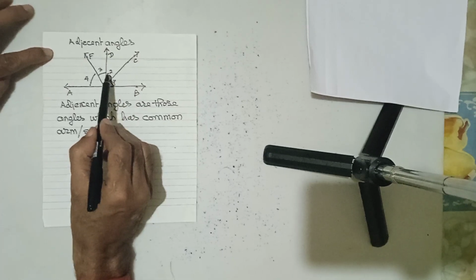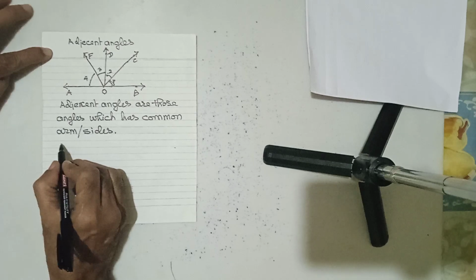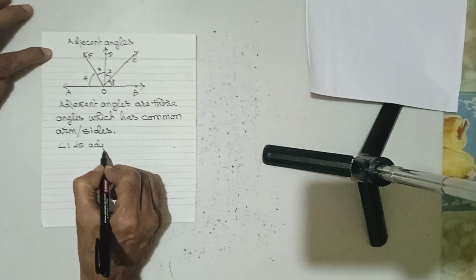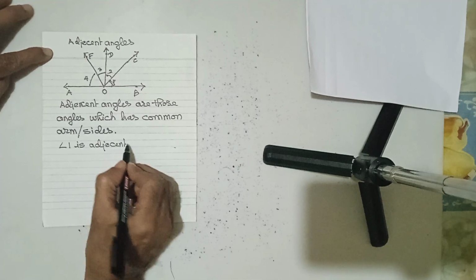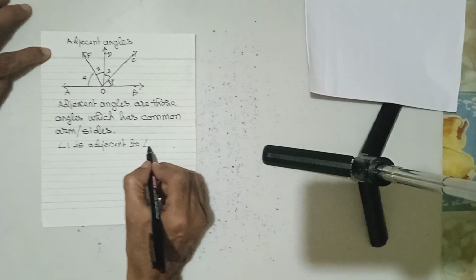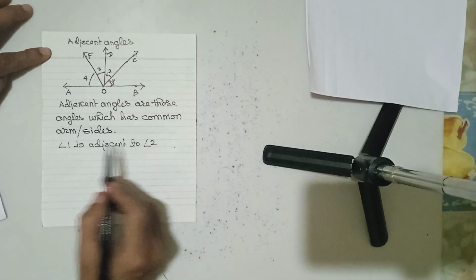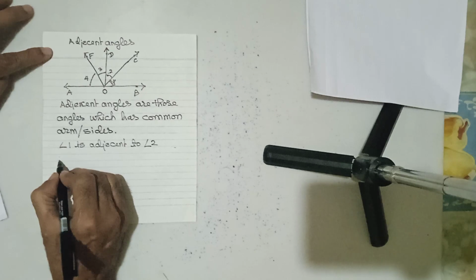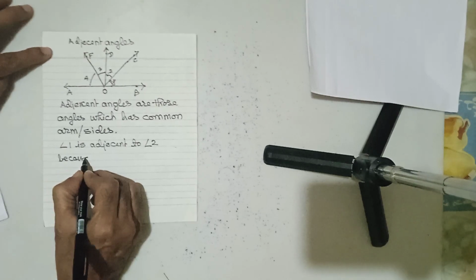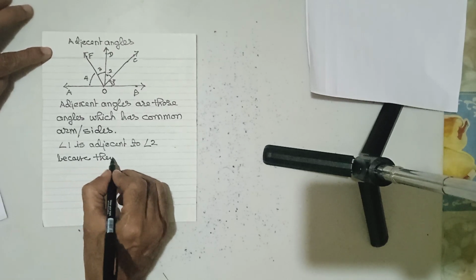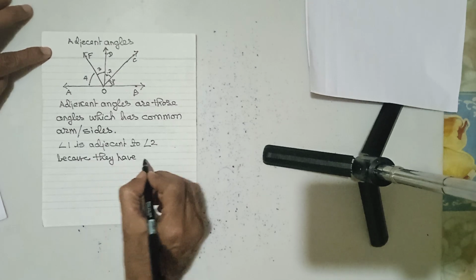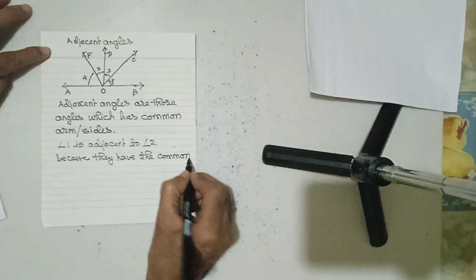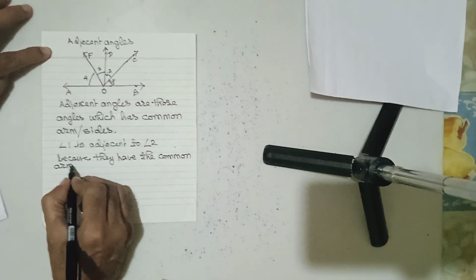Therefore angle 1 is adjacent to angle 2, or we may say angle 2 is adjacent to angle 1. Why? Because they have the common arm OC.